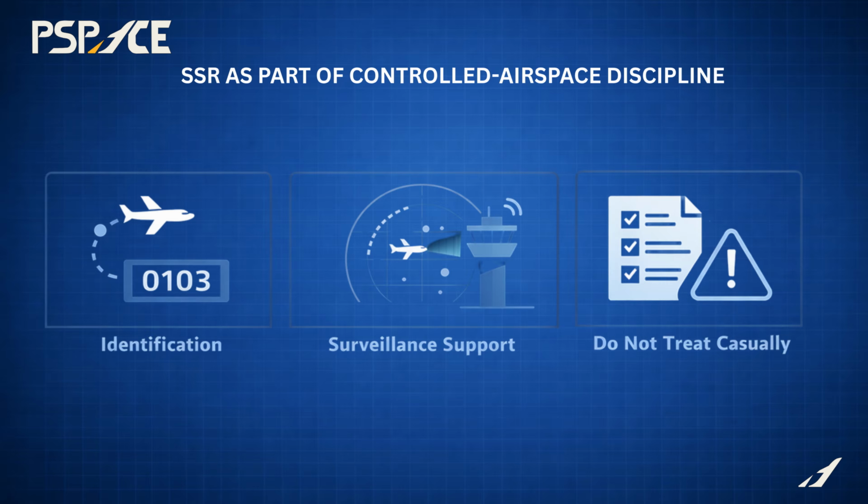SSR must be treated as part of the flight's active coordination with ATS, not as a box that was set once and then forgotten. When the aircraft is operating in managed airspace, correct SSR use supports safe traffic handling in the same way that correct communication and clearance compliance do.